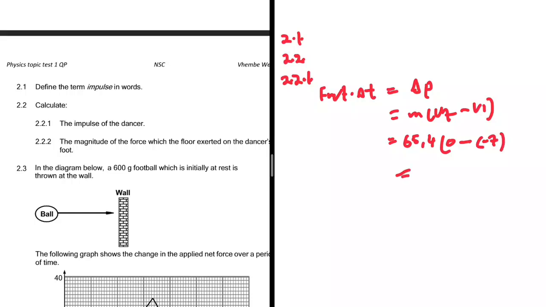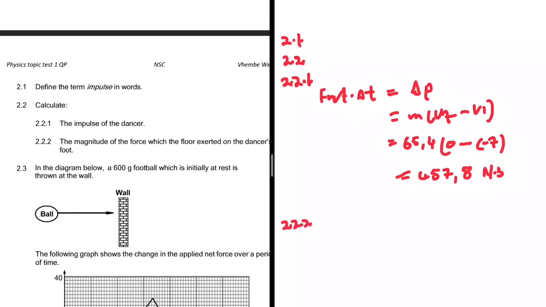If you put that in your calculator, we are going to get 457.8 newtons multiplied by seconds. If the question had said change in momentum, it would be kg meters per second. But because we are looking for the impulse, it is not newtons per second, but newtons multiplied by seconds. Right. 2.2.1.